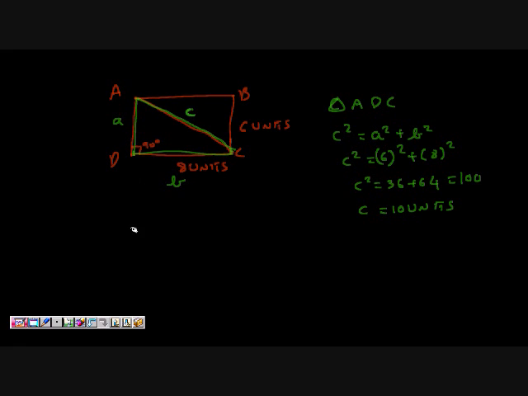That's one use. Now let's take a triangle, where we don't know what kind of triangle it is. Let's say ABC, and there is a perpendicular line from the point A to BC.